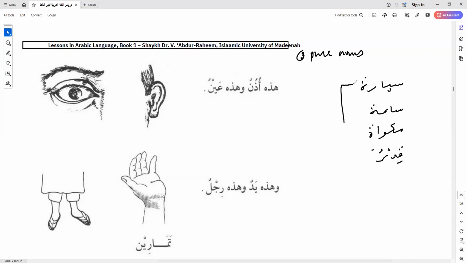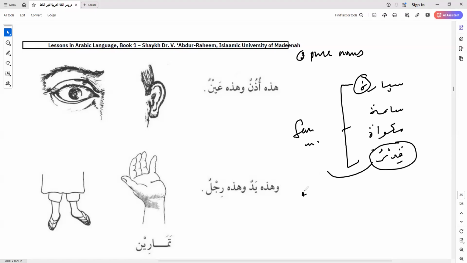Now, these are all feminine nouns. Sayyara, sa'a, miknasa have taw marbuta at the end, but qidrun doesn't have taw marbuta. But the Arabs classify qidrun as having female property. So you have to say hadhihi qidrun, right? So these are pure nouns, so you just have to learn them. There is no formula here.